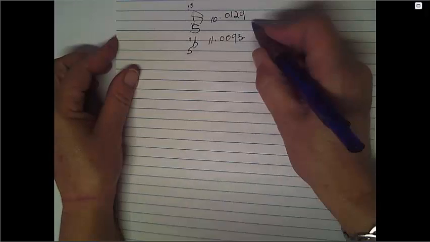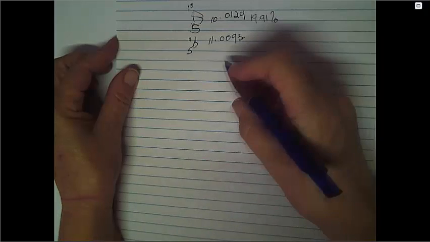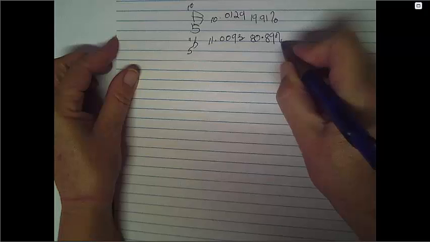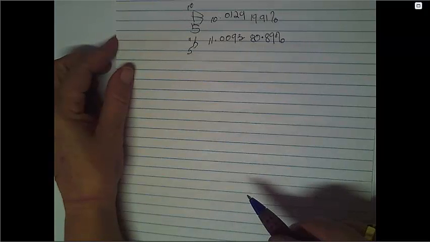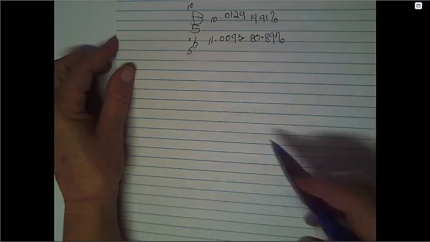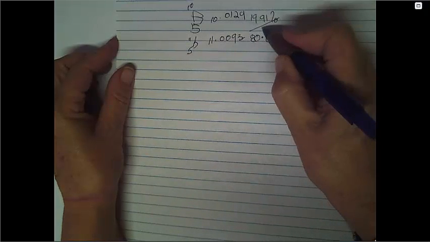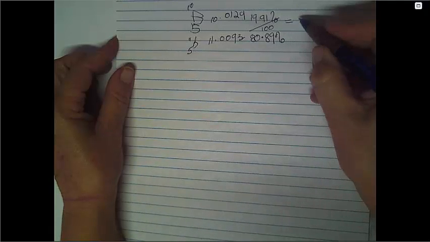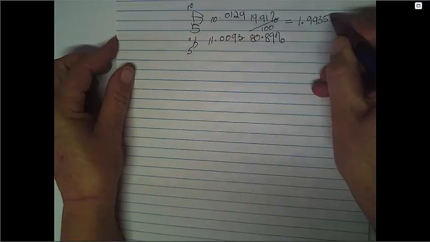Percentage abundance is 19.91% and 80.89%. Now if you multiply the actual mass by the percentage abundance, you get the contribution of that particular isotope. So we must multiply 10 by 19.91 divided by 100, which will give us a value of 1.9935.